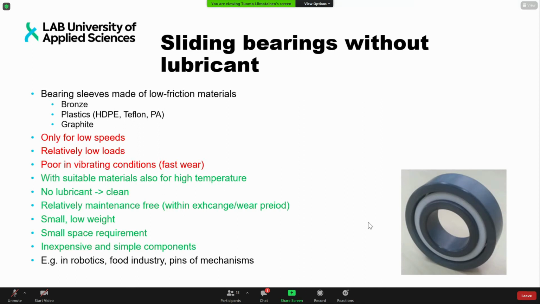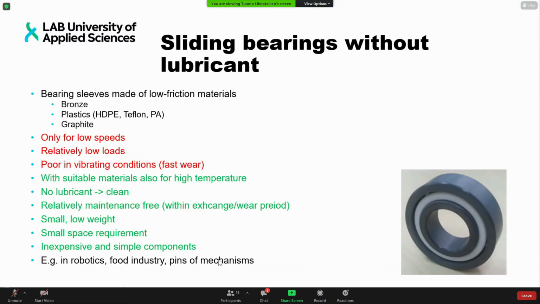They are fairly maintenance-free, given the considered exchange or wear period. When they wear out, of course, you need to replace them, but you don't need to introduce any additional lubrication in between if this wear is within the designed interval.